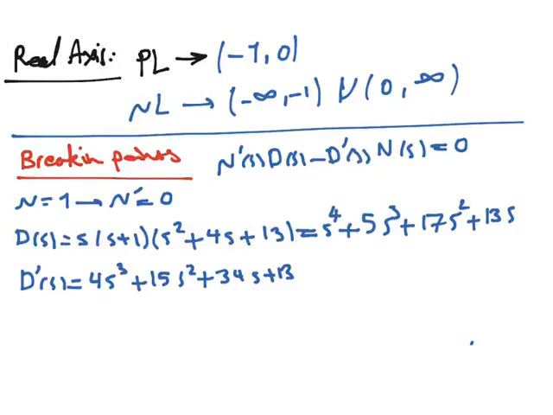And then putting these values in the equation, since m prime is 0 and n is equal to 1, we will have minus d prime(s) equal to 0, or accordingly d prime(s) equal to 0.